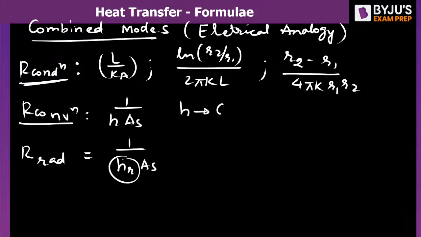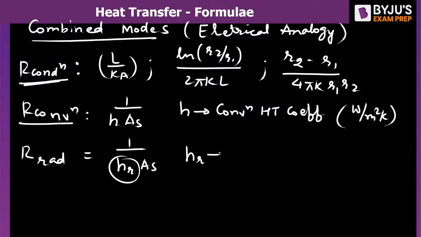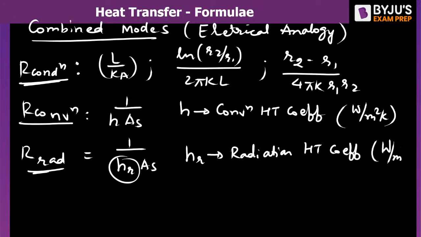H is the convection heat transfer coefficient, the unit is watt per meter square Kelvin. And HR is called the radiation heat transfer coefficient. We define the radiation thermal resistance similar to the convective thermal resistance. Again, the unit will be watt per meter square Kelvin.